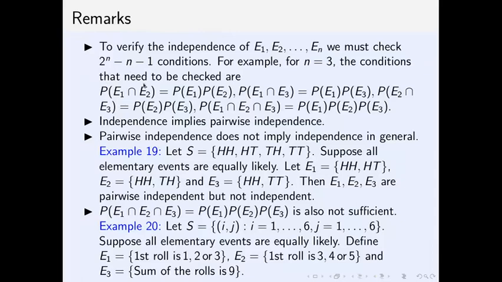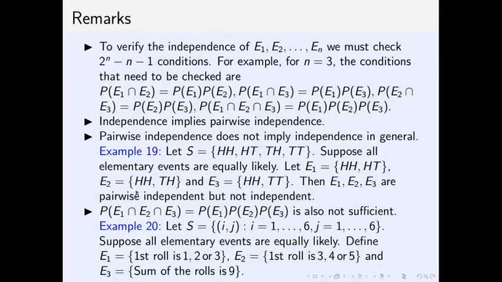So that implies that independence implies pairwise independence, because when I check independence, I actually check pairwise independence, since two at a time gives me the pairwise independence. Natural question is whether the reverse is true, whether pairwise independence implies independence or not, and the answer to this one is that in general it is not true.